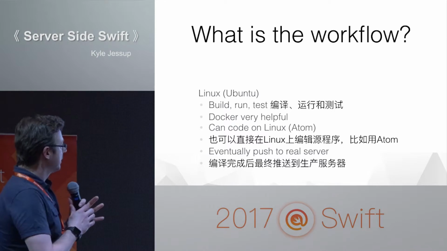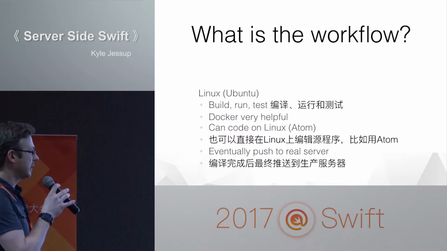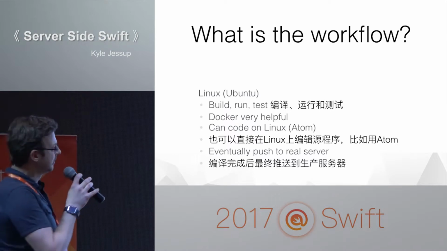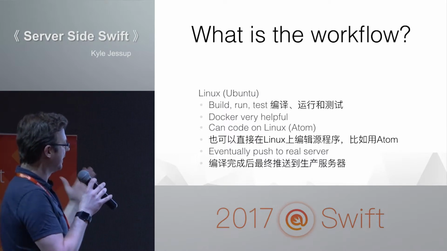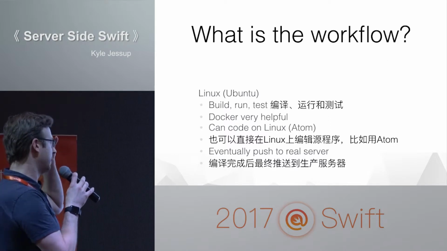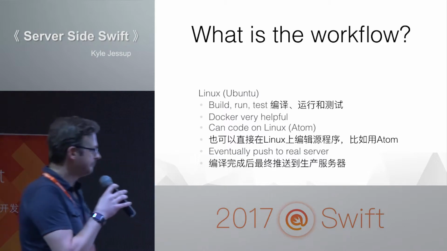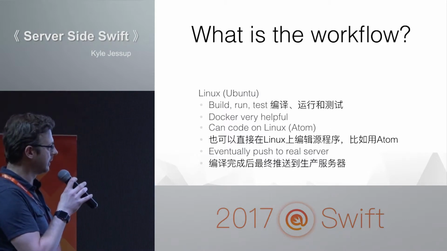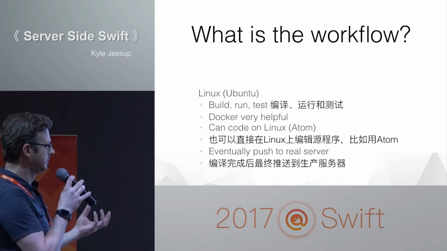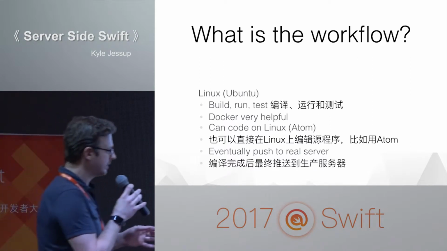So after you've got your Ubuntu, you've got your code up there, you're doing your build, run, test sequence. Docker is very helpful for this, and we use Docker a lot in some of the software, which I'll discuss more in a bit. If you're not familiar with Docker, it's basically like a little mini Linux that you have there. Usually stateless.